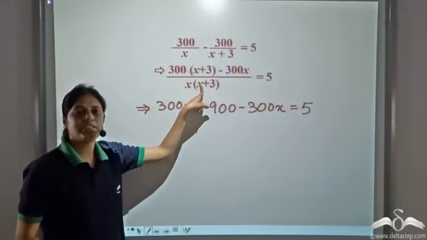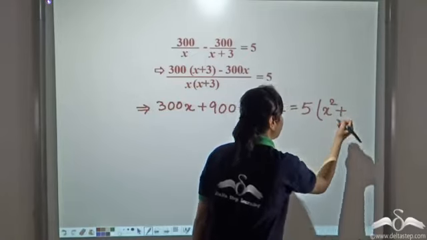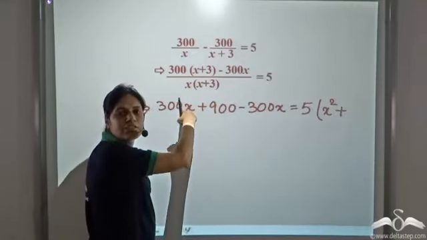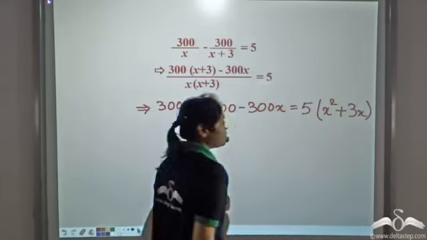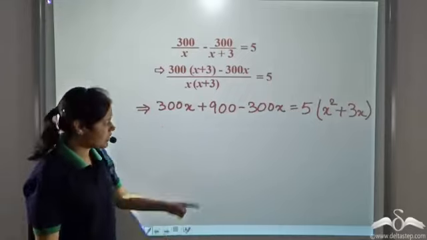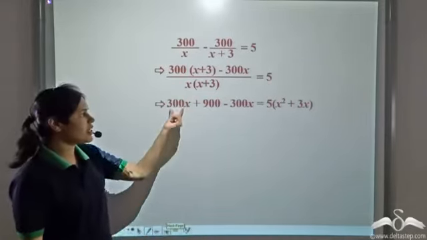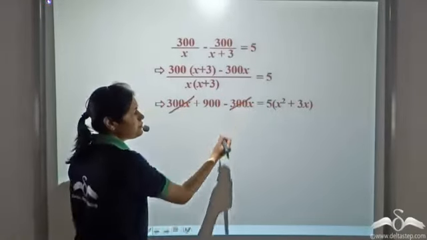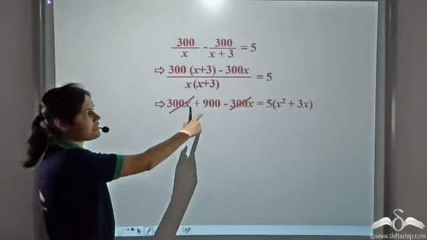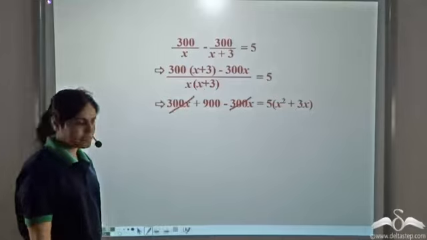Now x into x is x square, and x into 3 is 3x. So this is what we get. Now 300x minus 300x, this gets cancelled. So we are left with 900 is equal to 5 into x square plus 3x.